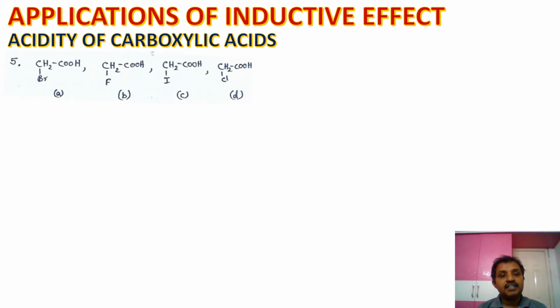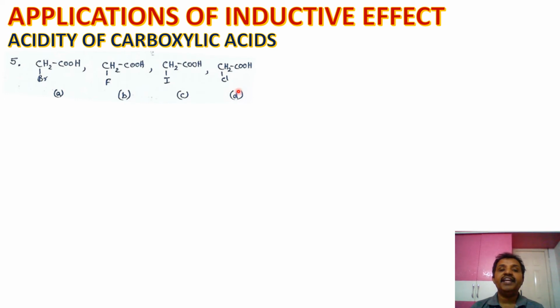Now let us discuss the next example, that is bromoacetic acid, fluoroacetic acid, iodoacetic acid and chloroacetic acid. Here fluorine has more electronegativity, so it acts as a stronger electron withdrawing group.